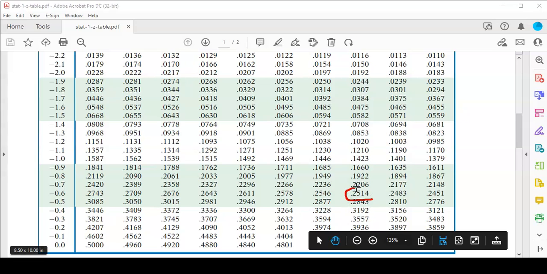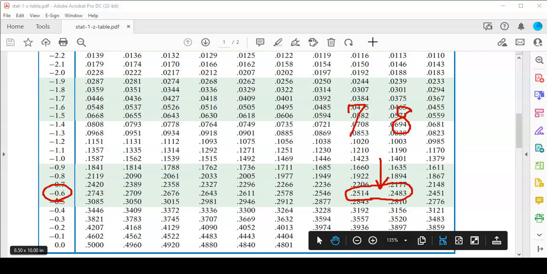So 0.2514 and then 0.2483. 0.25 will be somewhere in the middle. Does it make sense? Negative 0.6 and then 7, 8, 9. So this is the 7 column and this is the 8 column. So negative 0.67 and negative 0.68, somewhere in the middle.